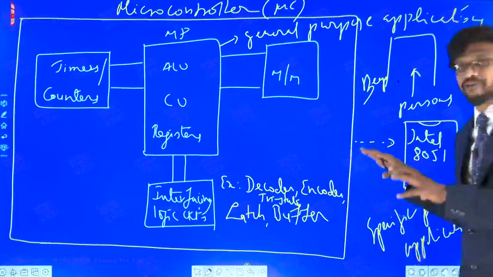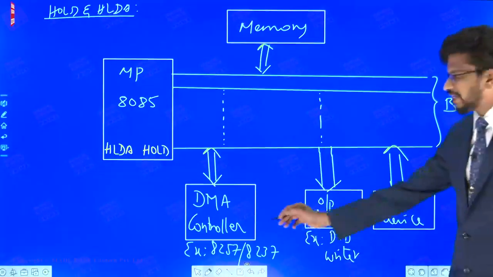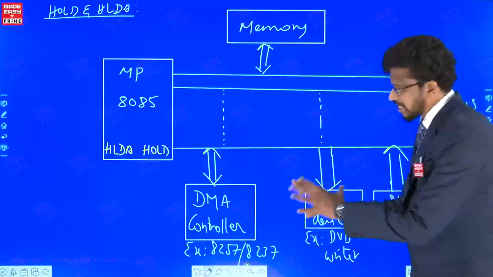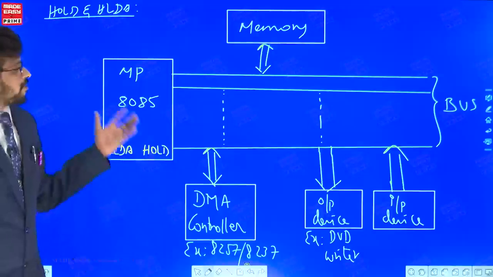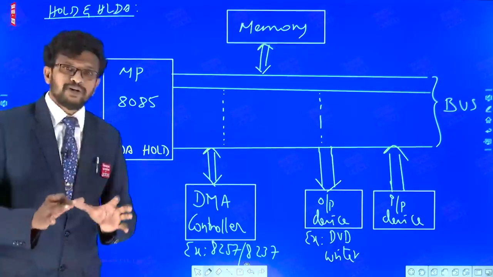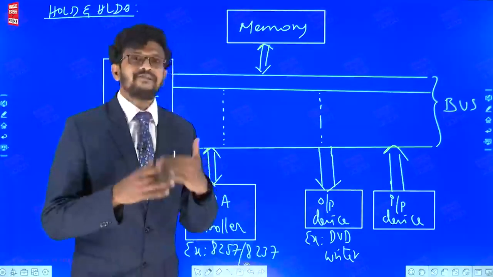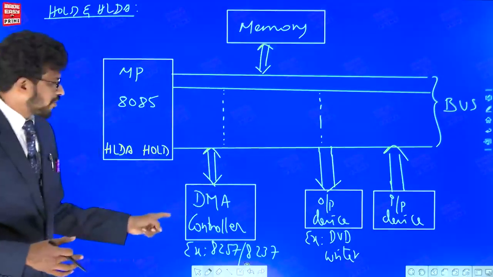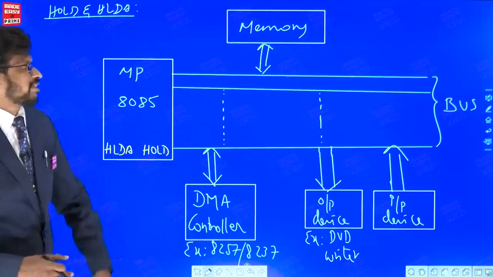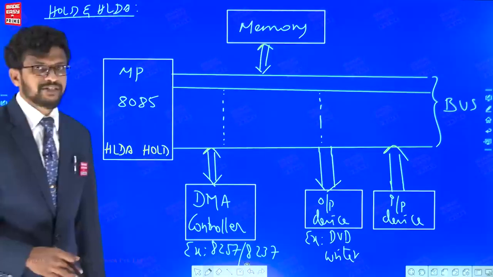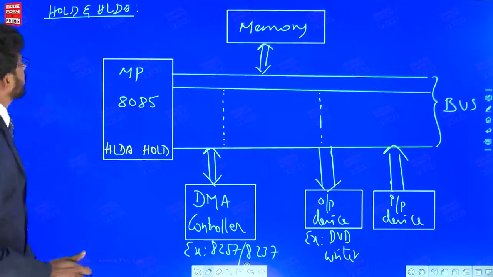One such type of controller is the one we are going to study now, the DMA controller. This DMA controller is especially meant for transferring huge amounts of data between memory and the IO device at a faster rate. Are you able to follow? Right. Now let us discuss the sequence of events which take place while transferring the data.